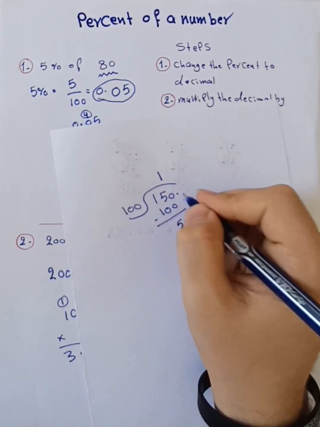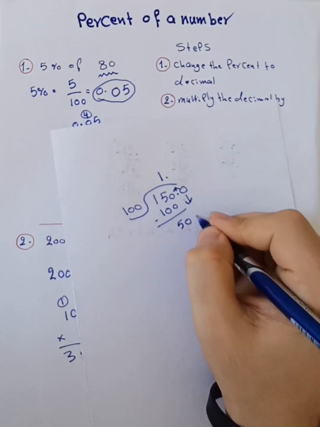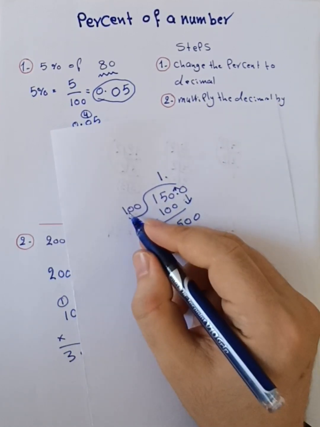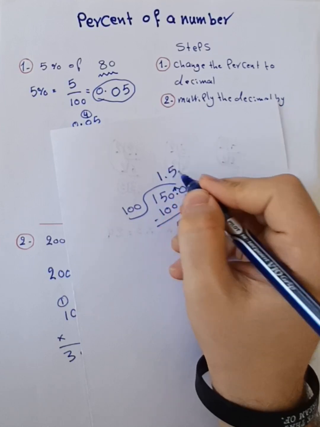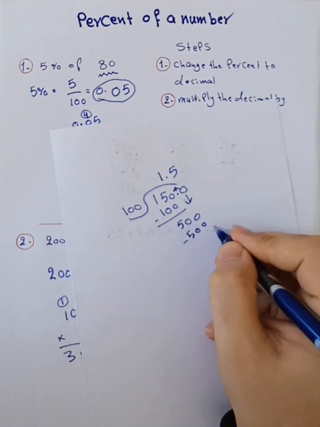After that, you have to write the decimal point and 0. Write the decimal point in the quotient, and bring down 0. 500 divided by 100 is 5. 5 times 100 equals 500.